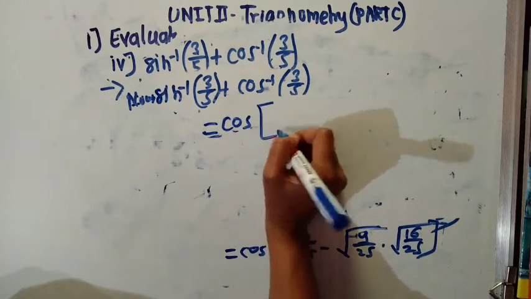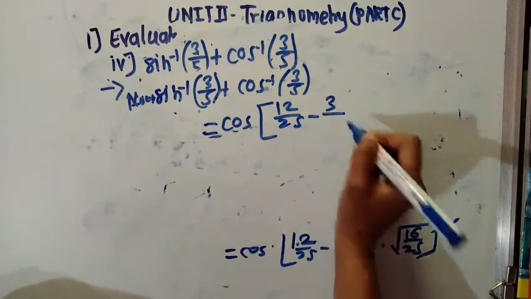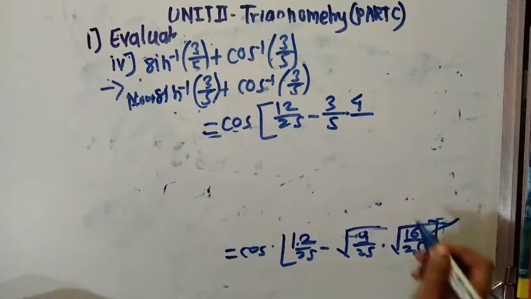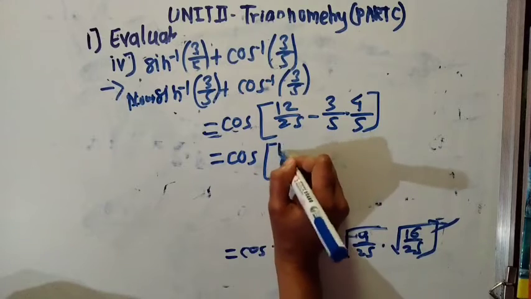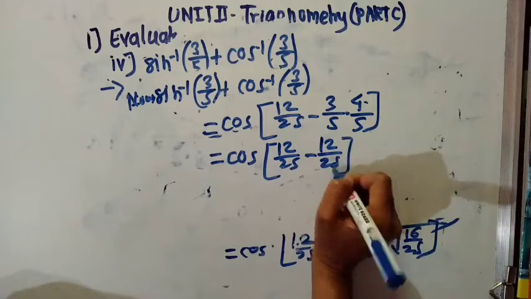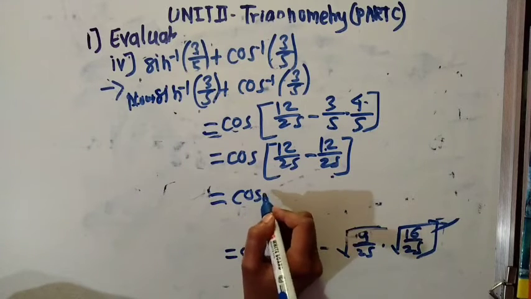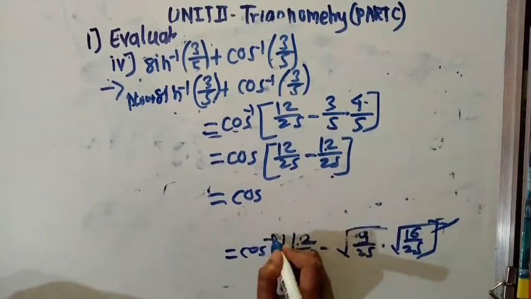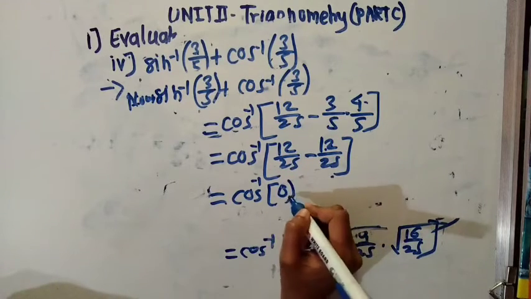Hence which is equal to cos inverse of 12 upon 25 minus root 9 is 3, root 25 is 5, into root 16 is 4 and root 25 is 5, which is equal to cos inverse of 12 upon 25 minus 12 upon 25, 4 into 3 12, 5 into 5 25. Then 12 minus 12 is 0, hence this answer is 0.